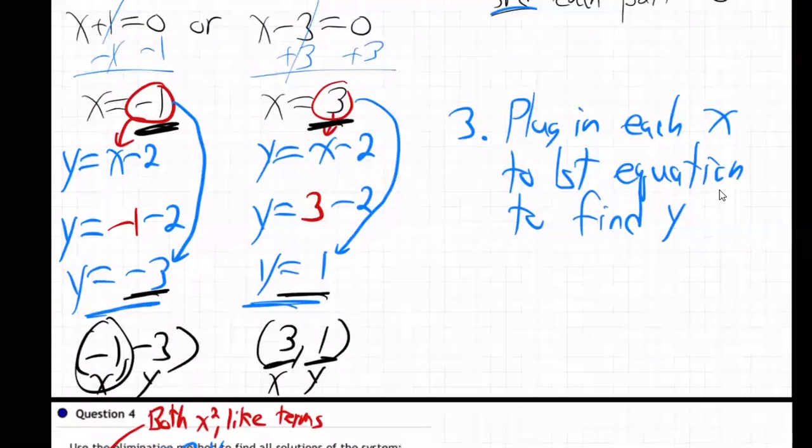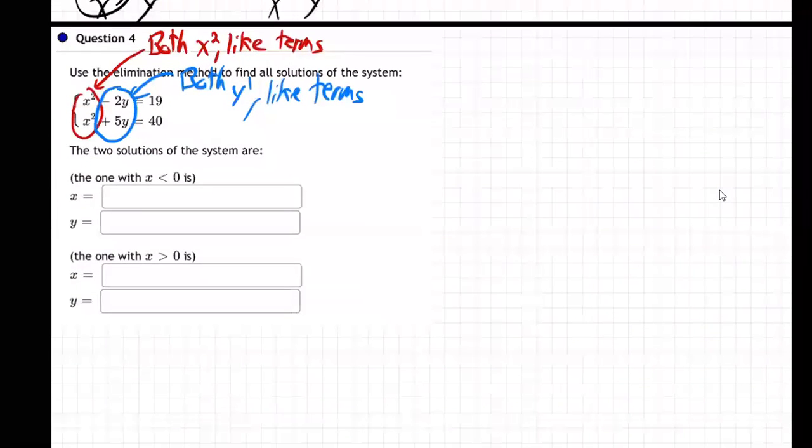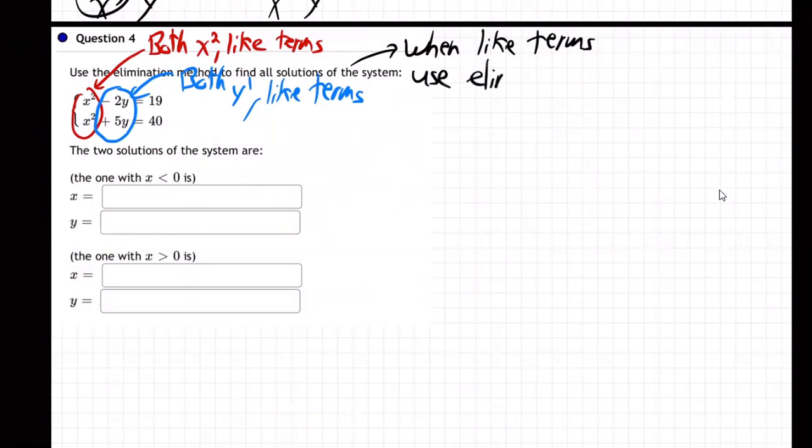That wasn't the case before, but these are all like terms, right? So what that means is when you have like terms, use elimination. So when you have like terms, use the elimination method.